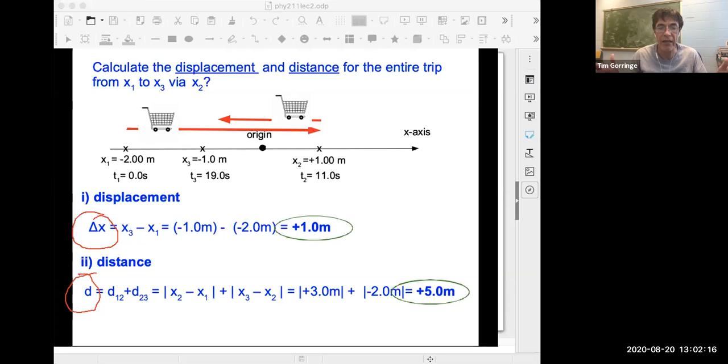And so that's why I labeled it D12. And when I thought about that second portion of the journey, from the intermediate location to the final location, that's from location 2 to location 3. That's why I labeled that distance with the subscripts 2, 3. So that was just a notation that I invented.